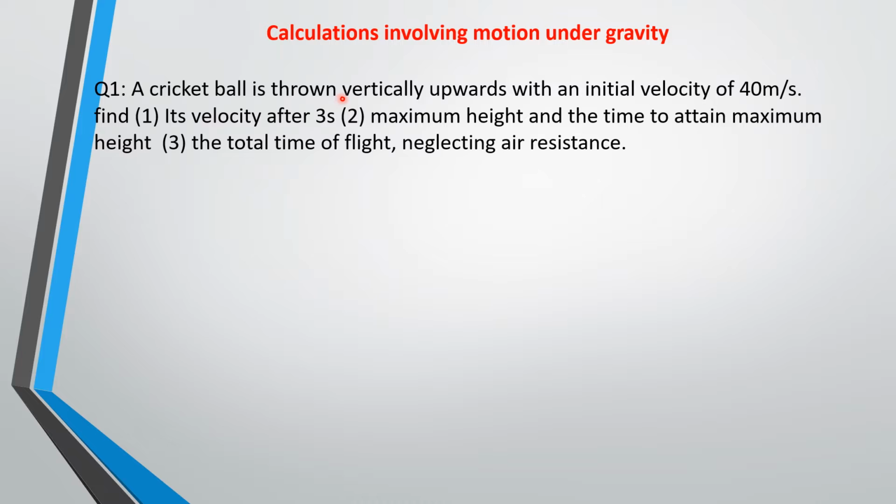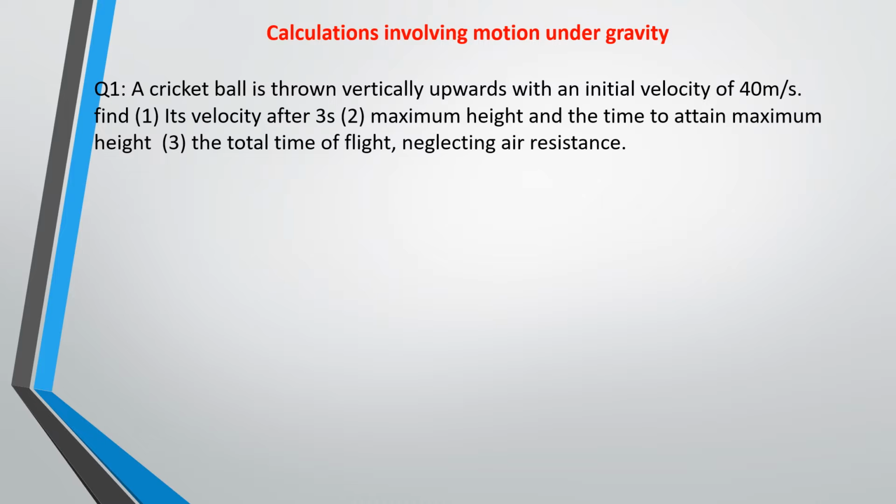The ball is thrown vertically upwards with an initial velocity of 40 meters per second. For the velocity after 3 seconds, the equation of motion that we use is the first equation of motion.